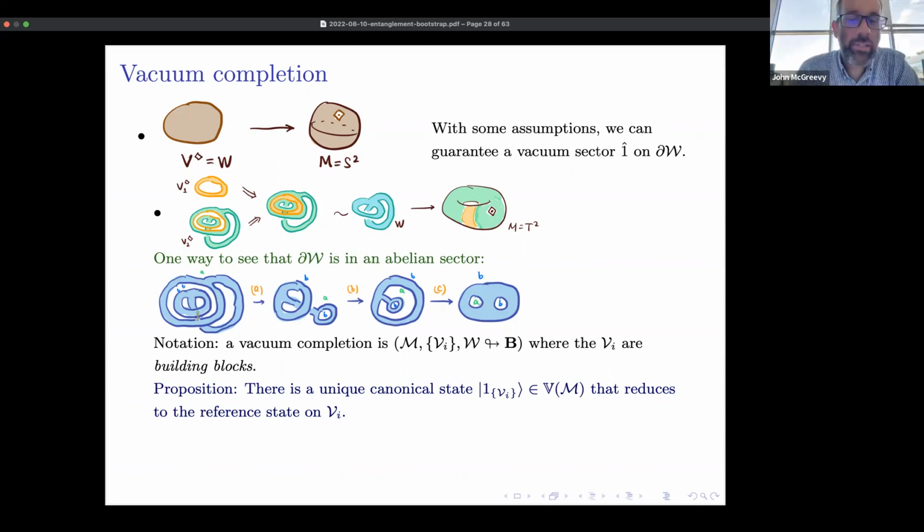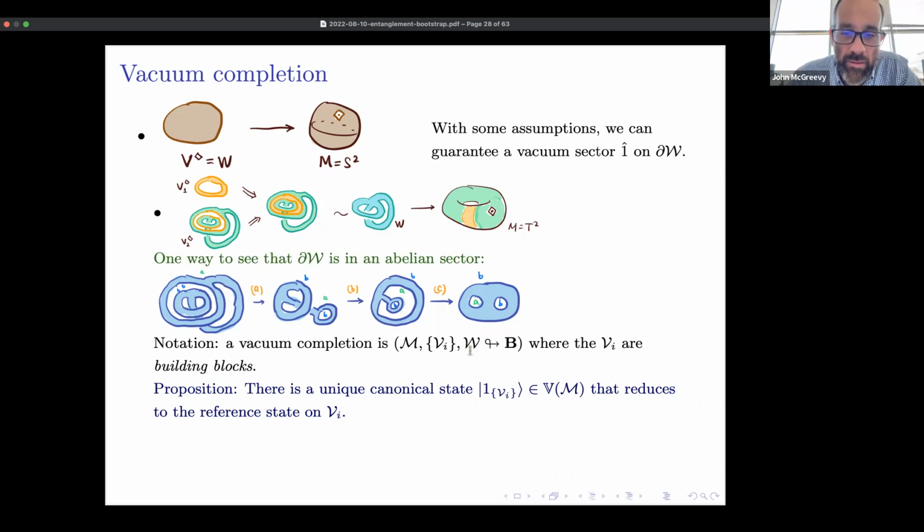So let me introduce a little notation. I'm going to call a vacuum completion the following: a triple of a closed manifold, that's the manifold that we're building at the end; a collection of building blocks with the property that we can guarantee that the thickened boundary that remains when we glue them together is in an abelian sector; and an immersion, which is the region that we get by gluing together the building blocks.